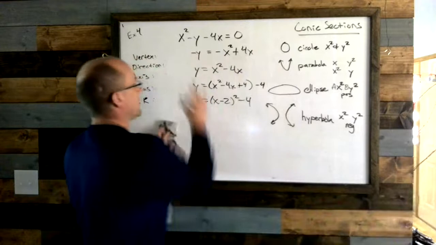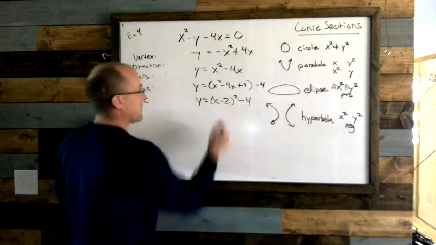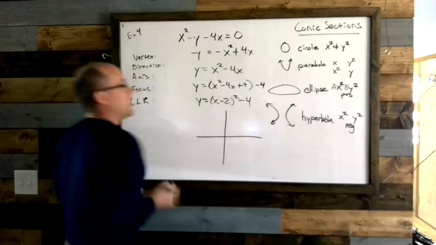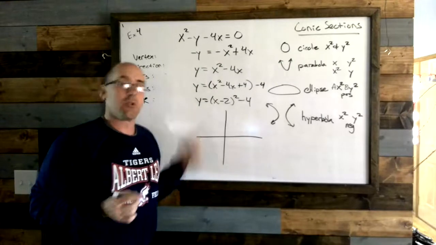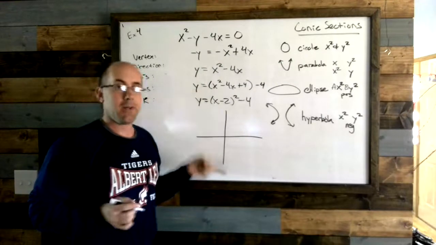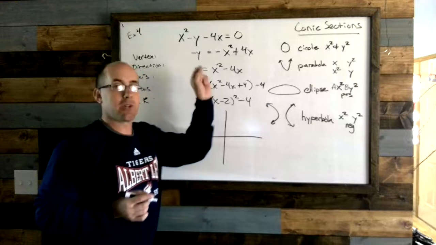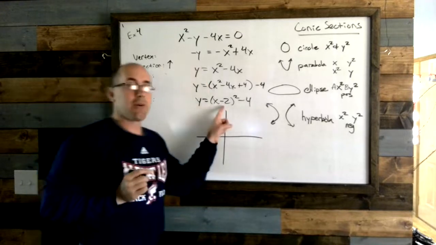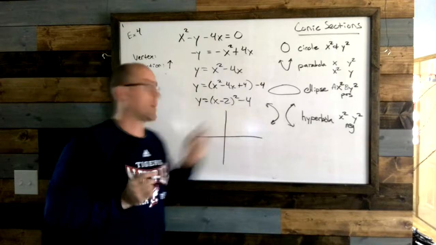I'm going to give myself some space here. So it's a y equals, so it goes up and down. Since it's positive, it goes up. The vertex is going to be 2, negative 4.